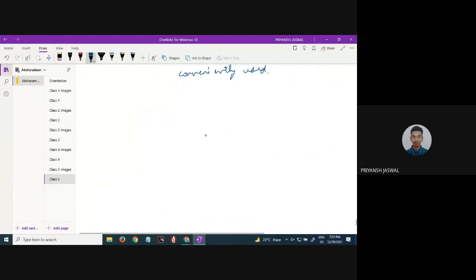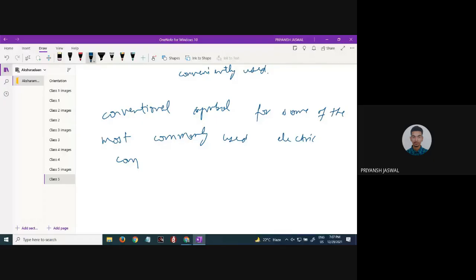Some conventional symbols for some of the most used electric components are listed below.